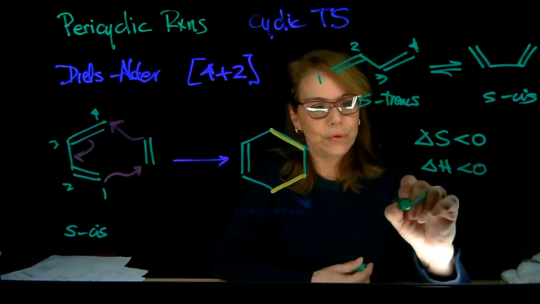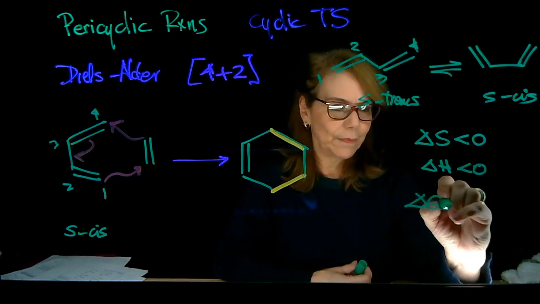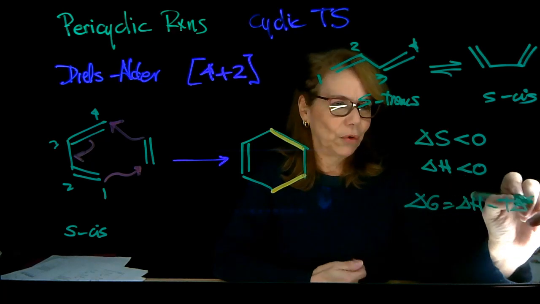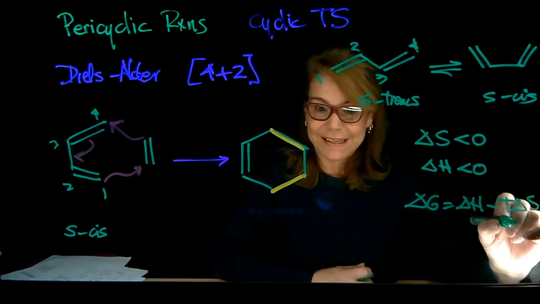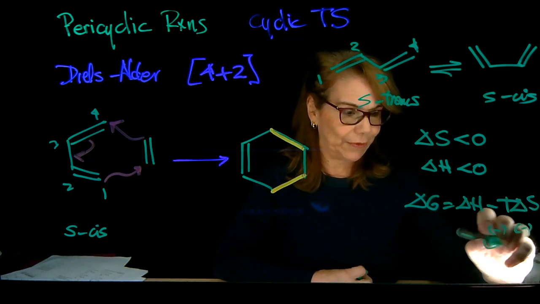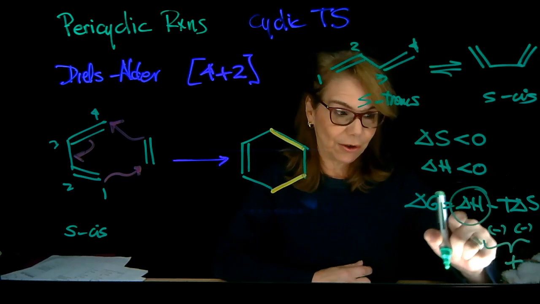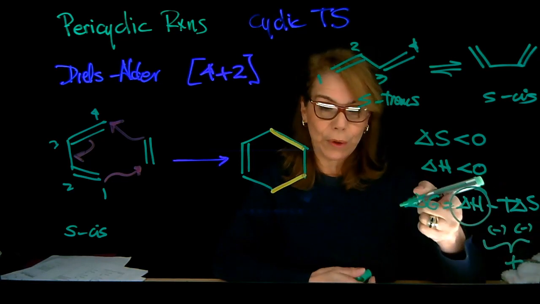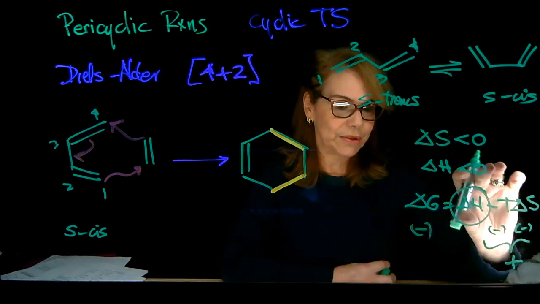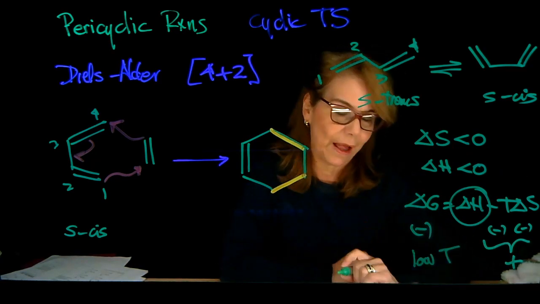And so when you look at the change in Gibbs free energy, even though the entropy term is unfavorable, we have minus and minus here, that's plus. But we want the enthalpy term to be larger than that. So typically, in general, addition reactions are favored at low temperatures. We have discussed that before.